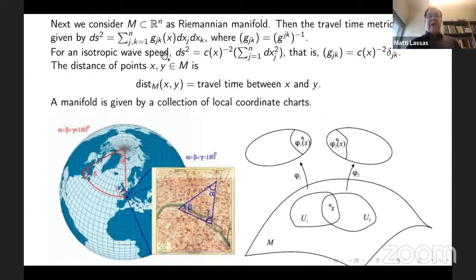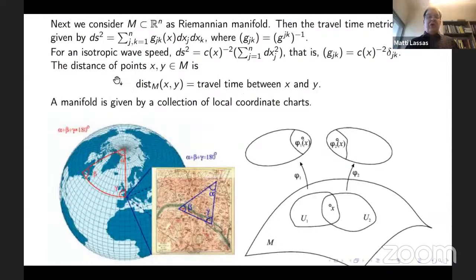For instance, if you have isotropic wave speed, then the travel time metric is one where the length element squared is distance squared divided by speed squared. So it's very physical. This metric tensor, G_jk, is the scalar wave speed to the power -2 times the identity matrix. And then the distance of two points, sometimes written as d of x and y, is the travel time of waves from point x to y.